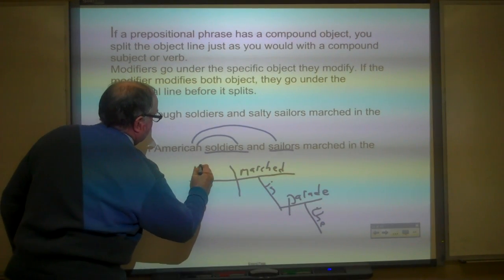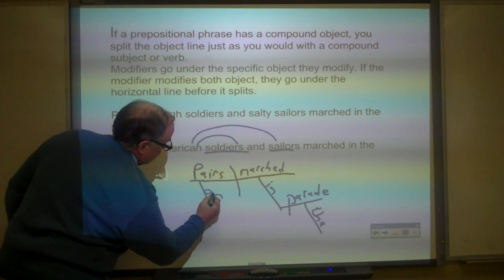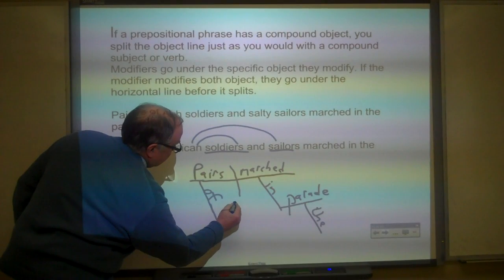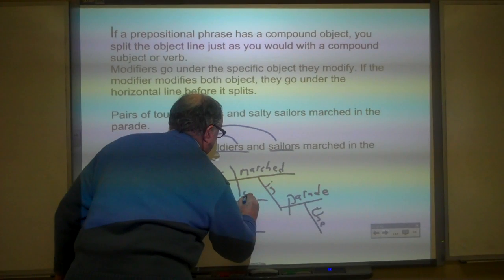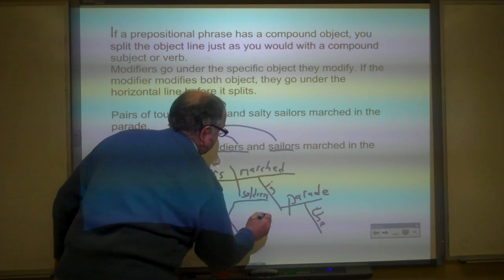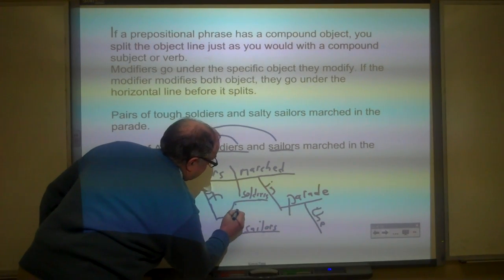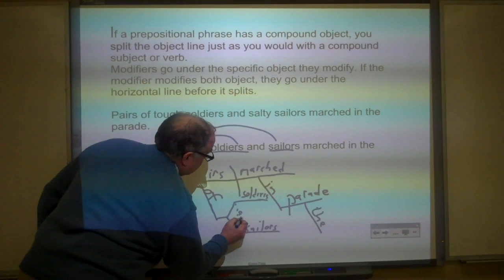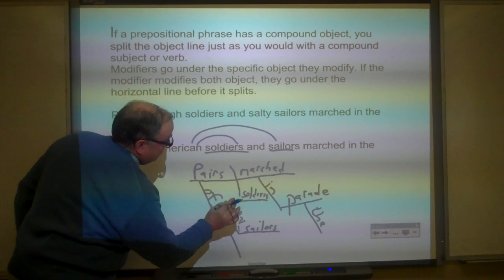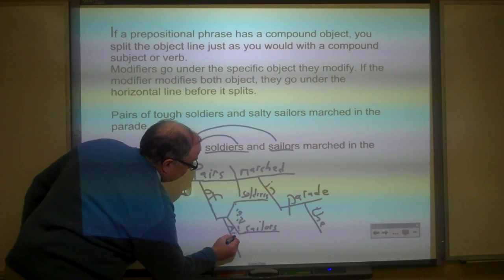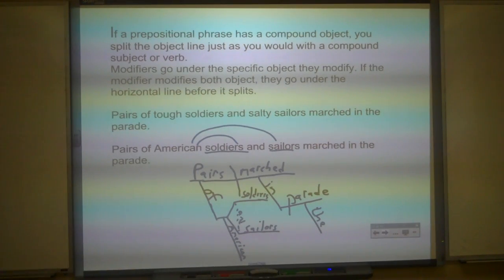The subject is the same, pairs of, but in this case the only difference is, we have soldiers, sailors, a dotted line for the conjunction, and the word American, because it modifies both soldiers and sailors, goes on the horizontal object line before it splits.